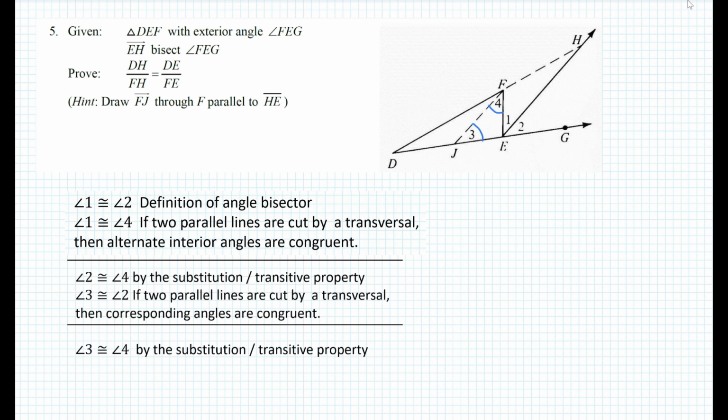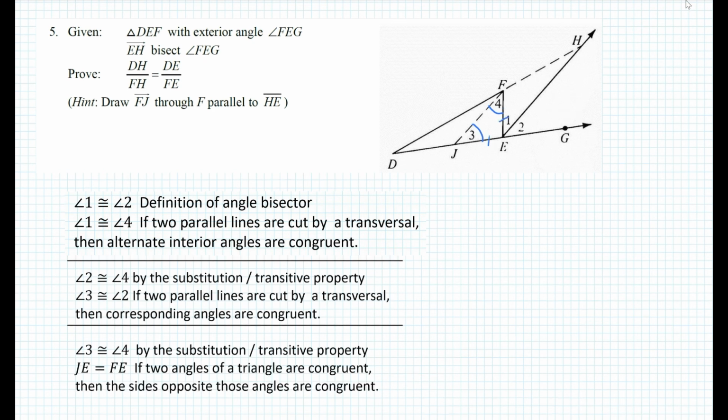Now, if we look at triangle JEF, what kind of triangle is that? Well, here we have the base angles, angles 3 and 4, congruent. And therefore, that is an isosceles triangle with JE equals FE, because if two angles of a triangle are congruent, then the sides opposite those angles must be congruent as well.